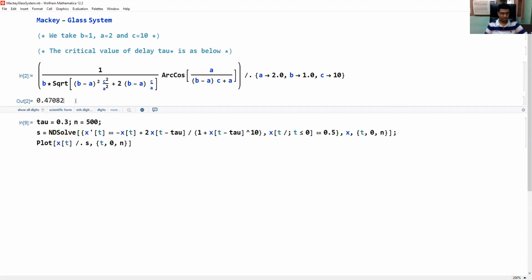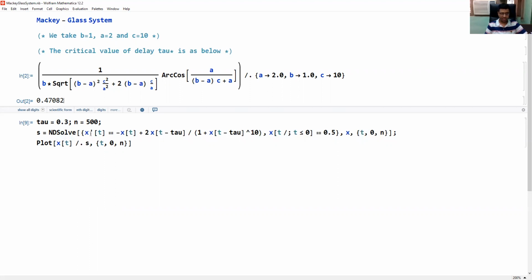So we get the critical value 0.470. So our analysis says that equilibrium x2 star is asymptotically stable if we select tau less than this value. So we may select tau as 0.3 first. N is the number of steps, that is time steps, the right endpoint of the interval. Then we define S equal to NDSolve.